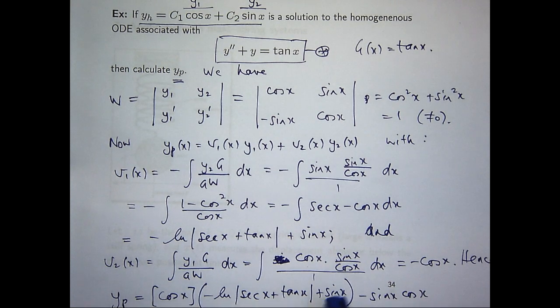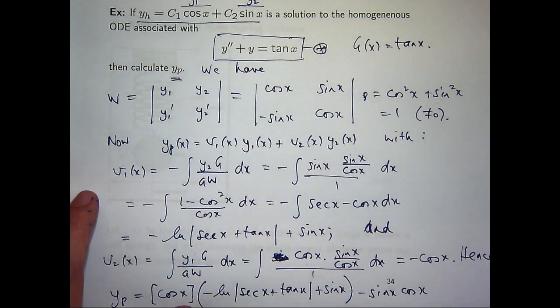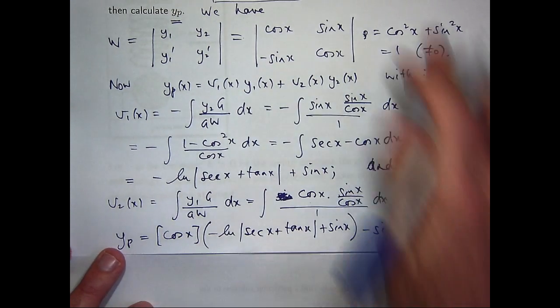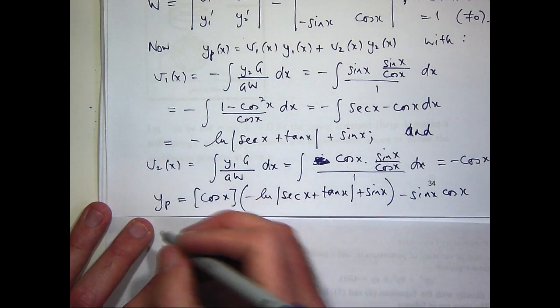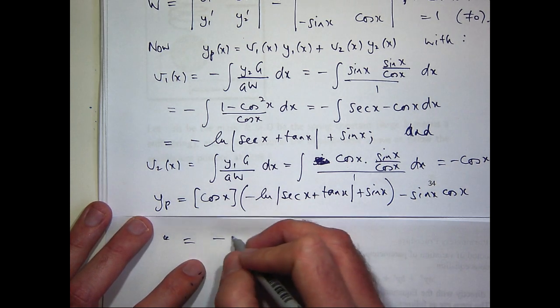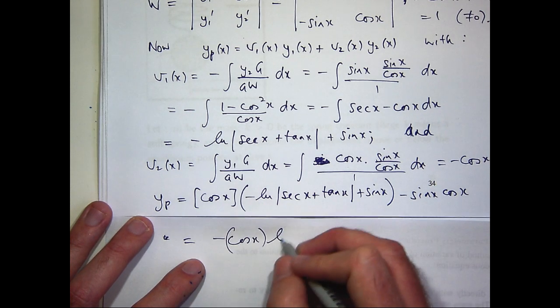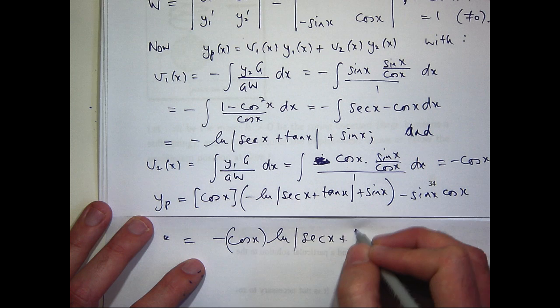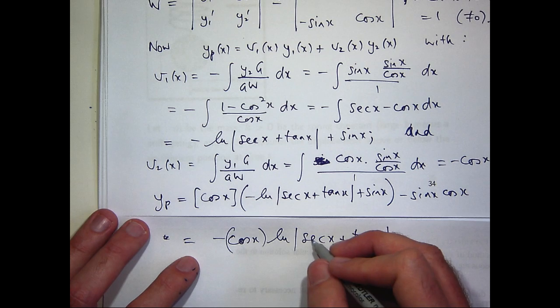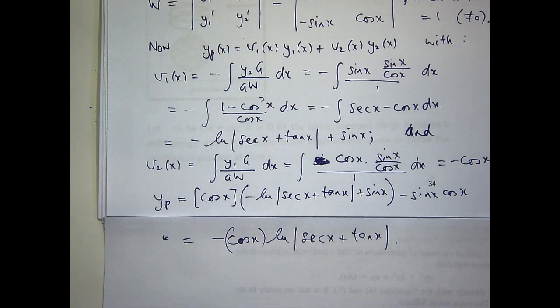Now, if you look closely, two terms are going to cancel out. You've got a sine x cosine x and a minus sine x cosine x. So the answer here is just going to be minus cosine x log of sec x plus tan x. So that is a particular solution to the problem.